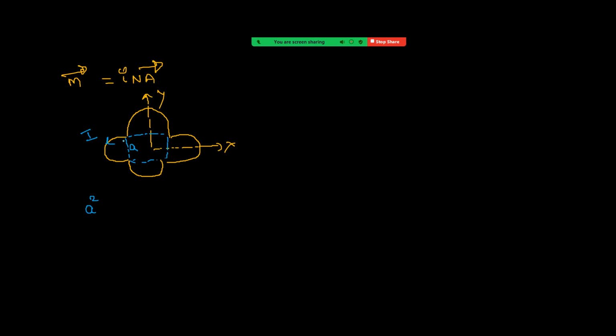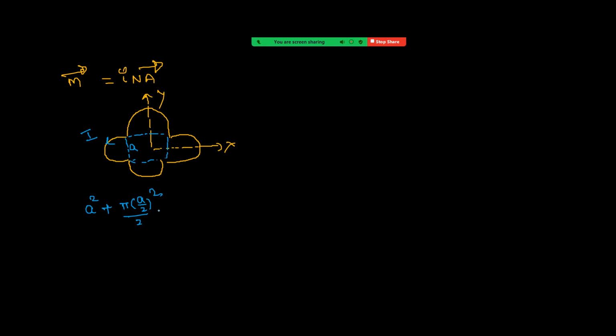Next, focus on this half circle, and for that area will be pi r square by 2. And you can see this is 2r, so radius will be a by 2. So pi r square by 2, that is area of semicircle.